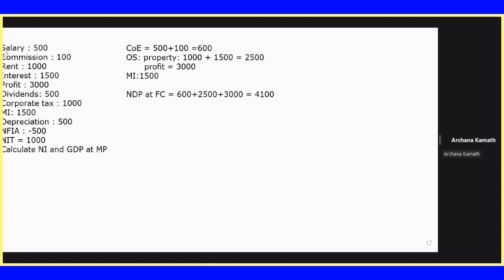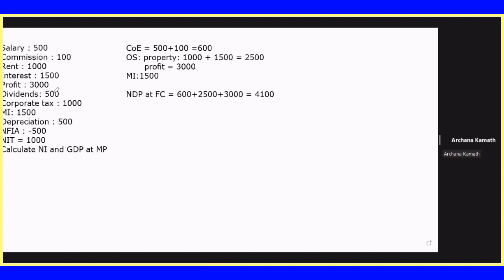Similarly, if they give you compensation of employees and the details in the form of salary, commission, bonus, and allowances, they gave compensation of employees as 600 and bifurcated it as salary and commission. Why should you add it again? Please be very careful. All these are traps laid for you. Profit is already given as 3,000.